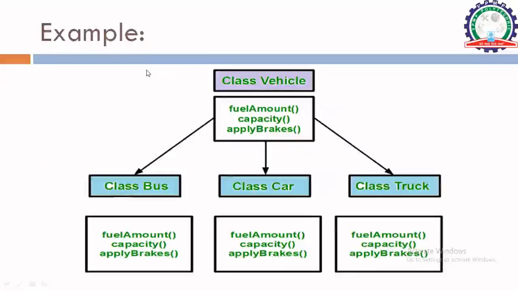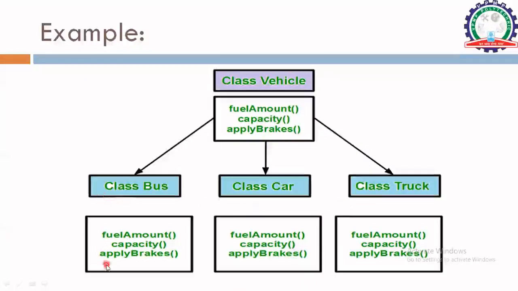Now let's see an example by which we can make our understanding clear about inheritance. See friends, here we have one class, class vehicle, which has 3 member functions. Now it shows 3 downward arrows toward 3 different classes: class bus, class car and class truck.